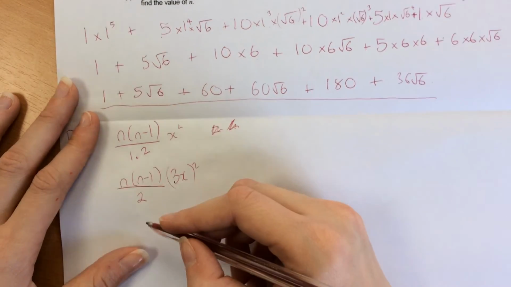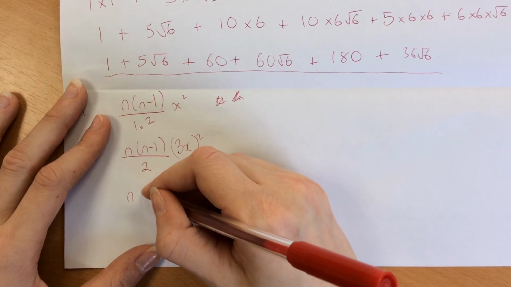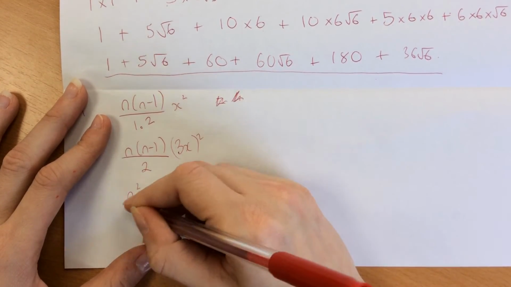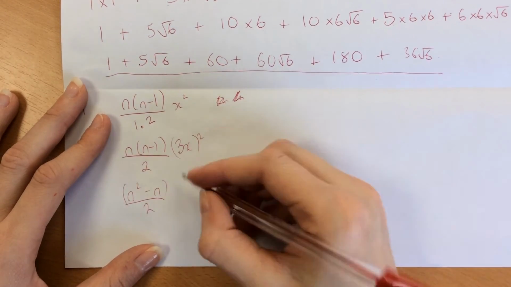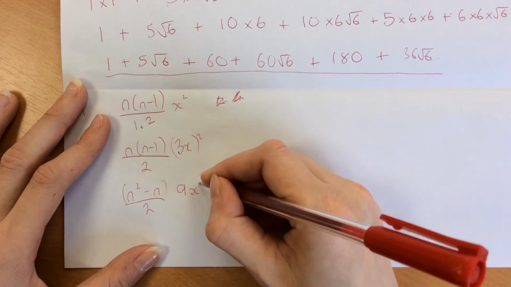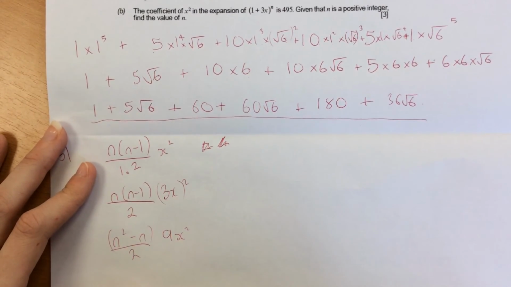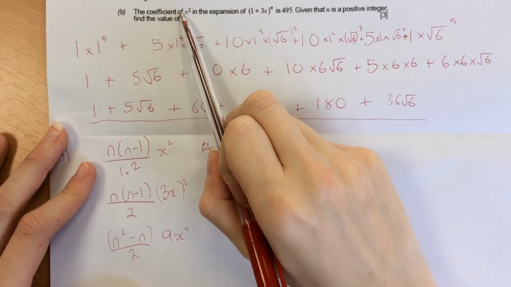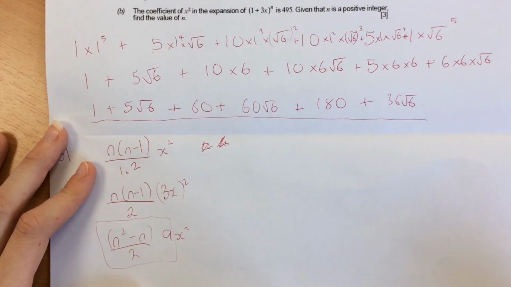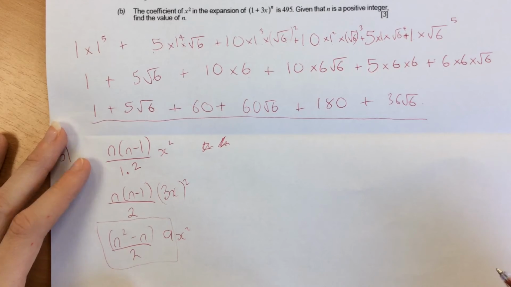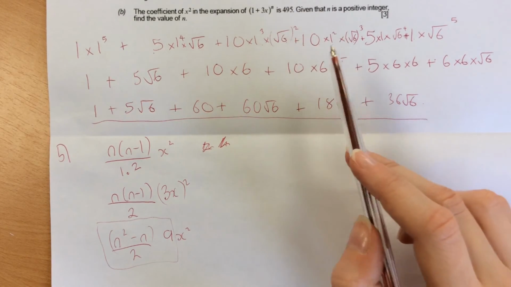So if we work this out here then, we've got (n squared minus n) over 2, and a bracket. 3x squared will give us 9x squared. Now we can go back up to the question, and now we've used the formula. It says the coefficient of x squared. So all it means is the part in front of x squared. So we're looking at this part here, and this part is 495.